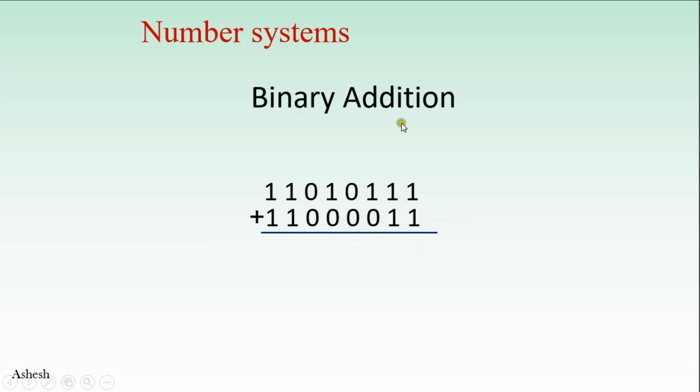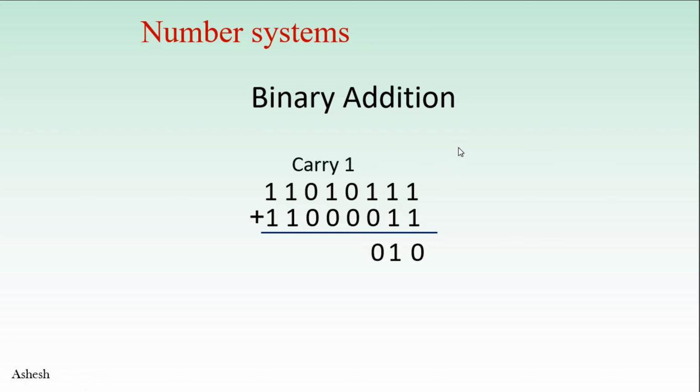1 plus 1 is 10. Write down 0. We have carry 1. 1 plus 1, 10, and 10 plus carry 1 is 11. We write down 1. We have carry 1. 1 plus 0 is 1, and that 1 and carry 1 is 10. We write down 0.